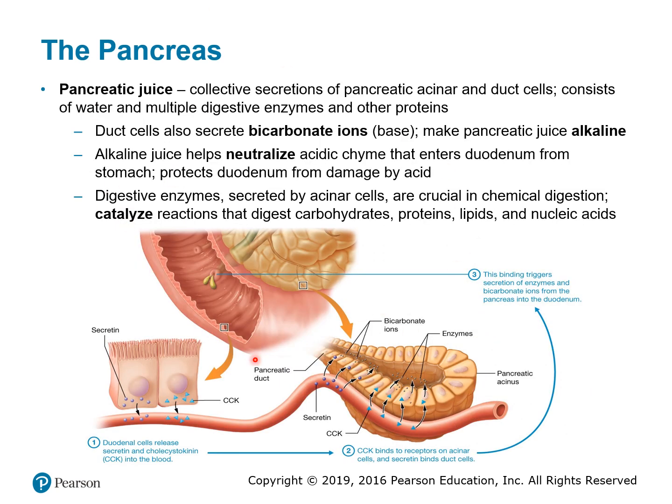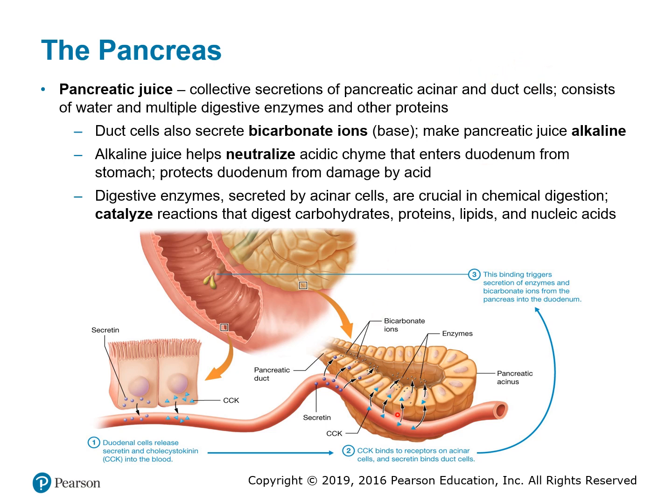Okay, so talking more about the bile duct, there is something called pancreatic juice, kind of like stomach juice, but it is a liquid that is part of the collective secretions of the pancreatic acinar and duct cells.